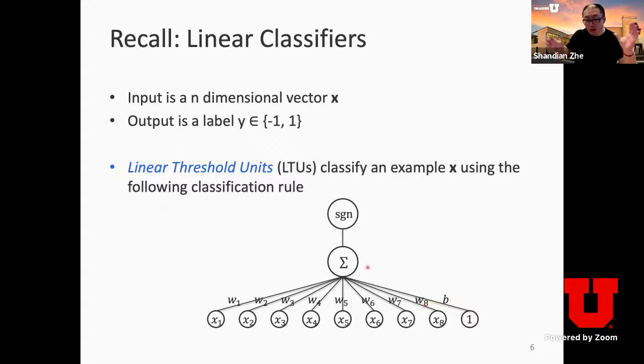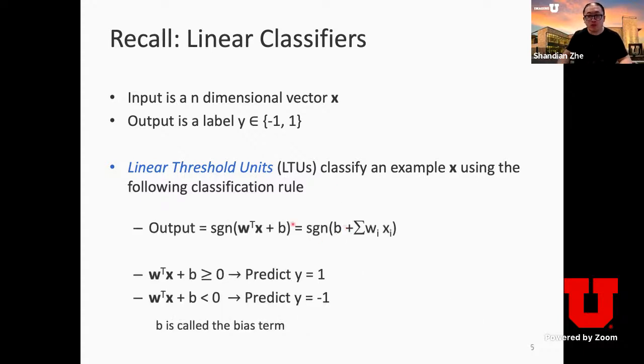You add them together, you get the output. Then the output of the intermediate node is fed into this top node. Inside this node, we take the sign operation and use the output of the sign function as our prediction. So this is just a graphical illustration of our classification rule: how we calculate the inner product between the weight vector and input feature vector plus the bias parameter and take the sum.